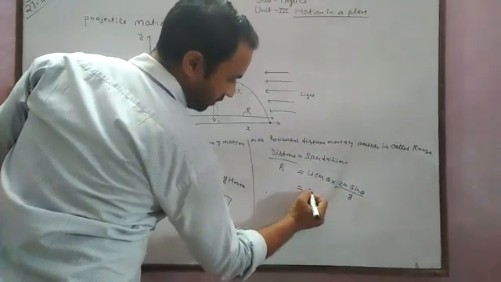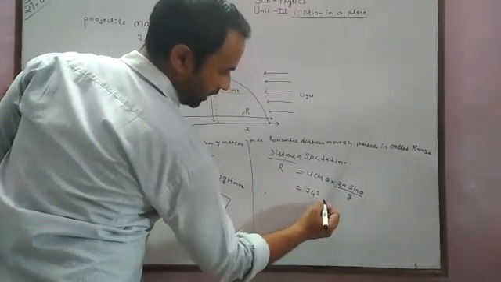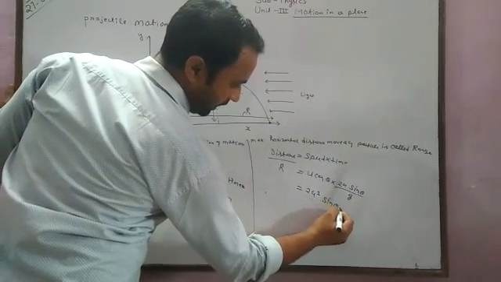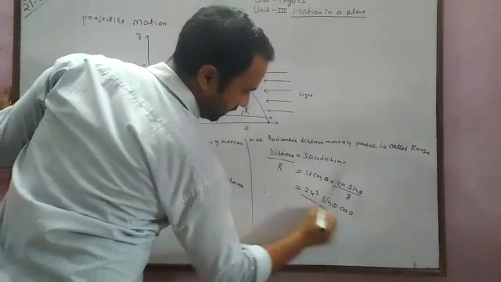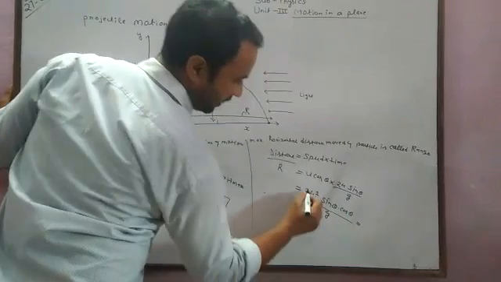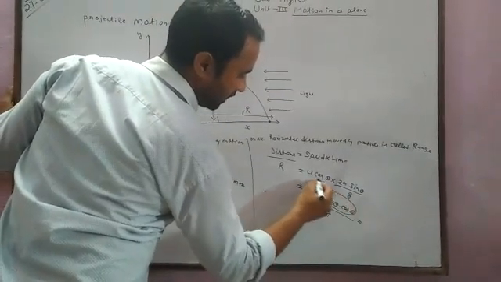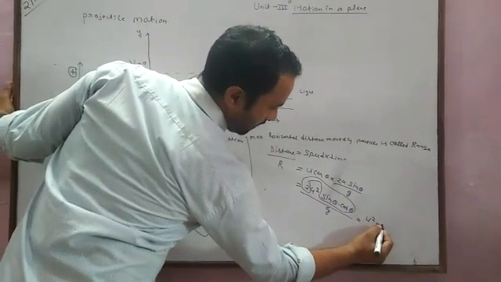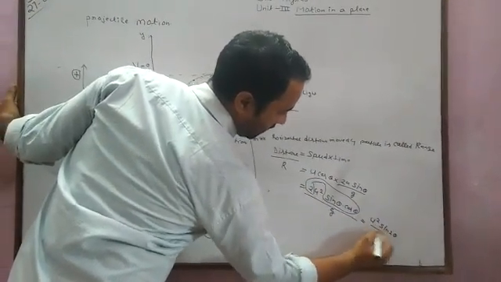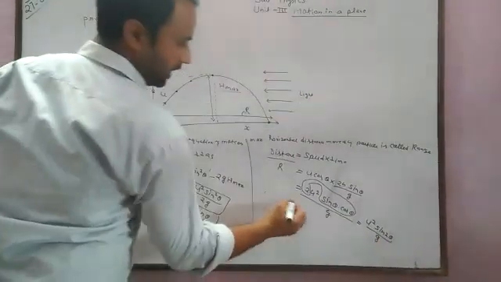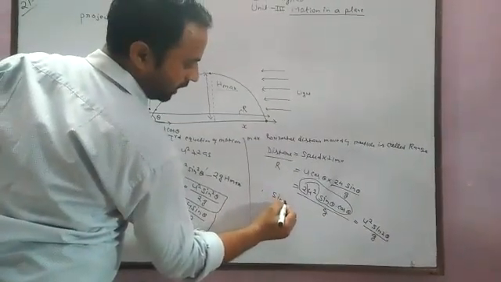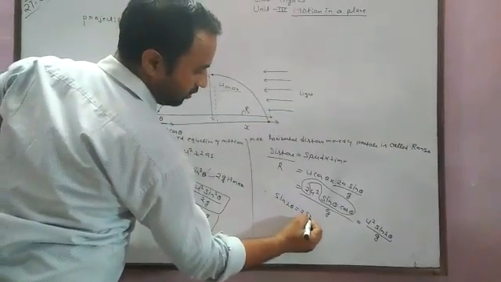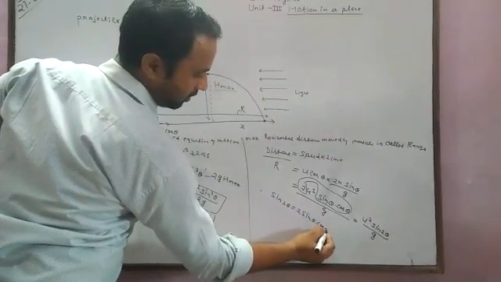So the range is 2u square sin theta cos theta divided by g. Combining, this gives u square sin 2 theta upon g, because sin 2 theta is equal to 2 sin theta cos theta.